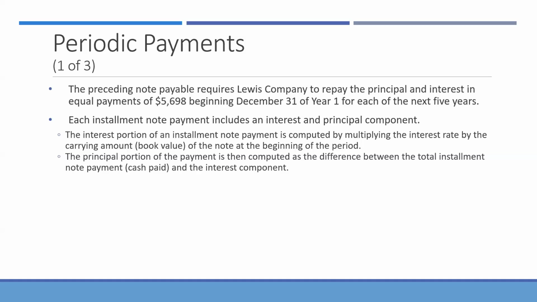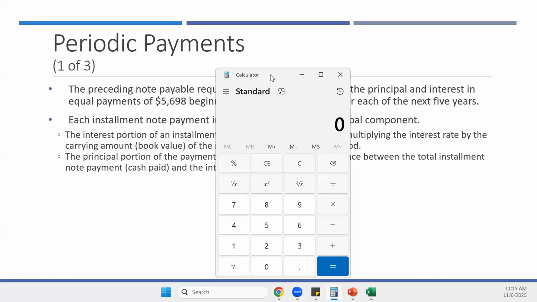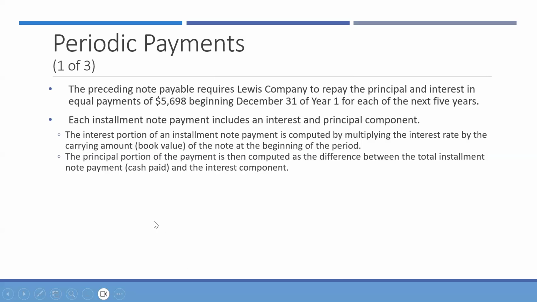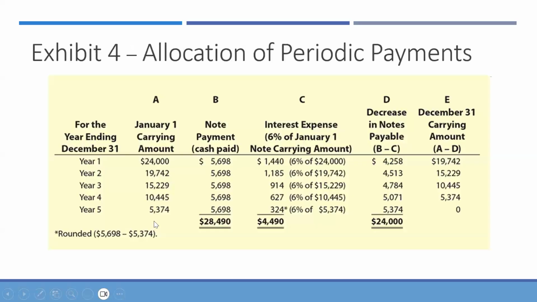So $24,000 times 6% is 1,440. That's going to be our first year interest expense. And then the principal amount would be the payment of 5,698 minus the interest paid, which is 6% times 24,000.